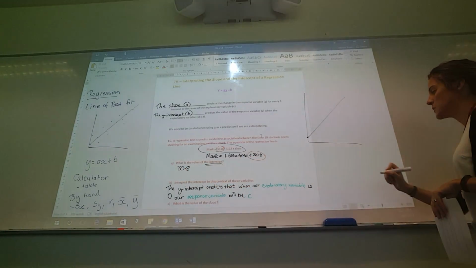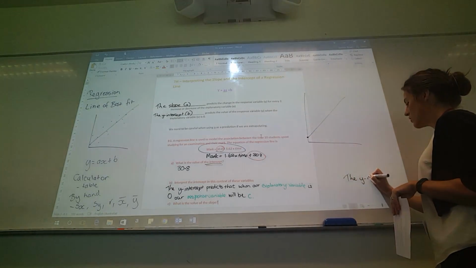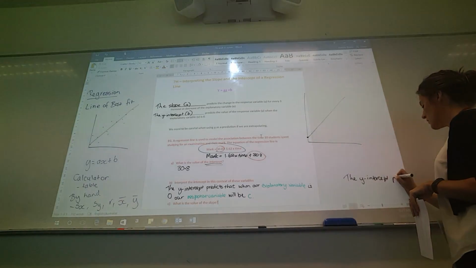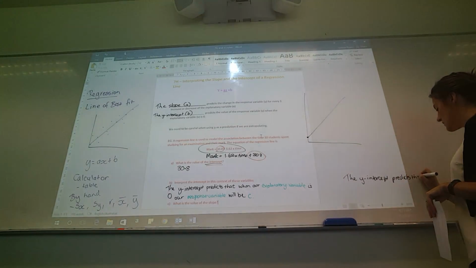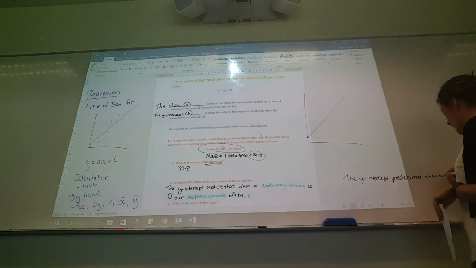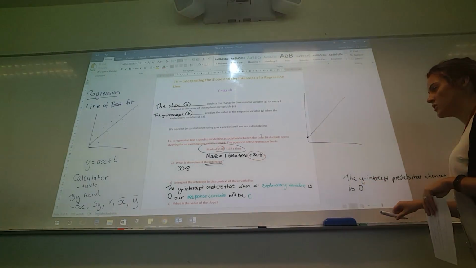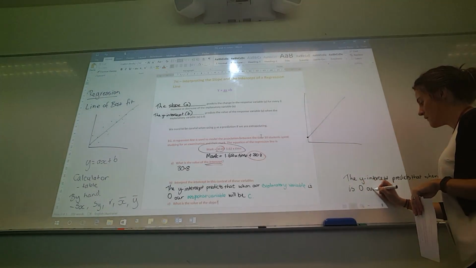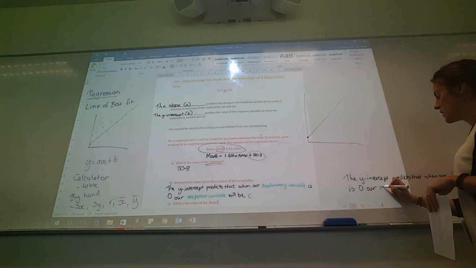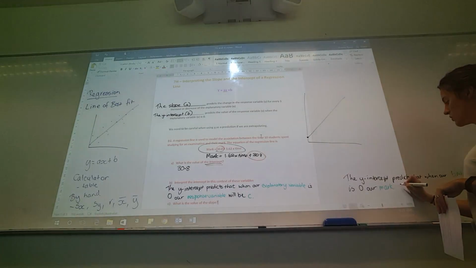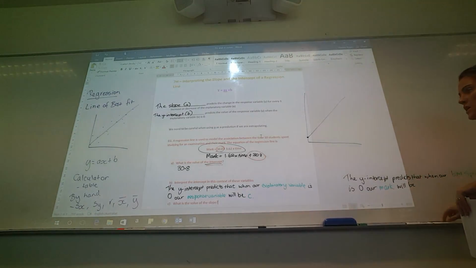So if we were writing it for this, we would have: the y-intercept predicts that when our time spent studying is 0, our mark will be 30.8.